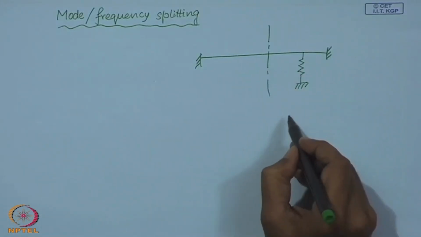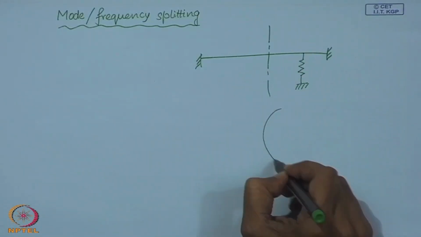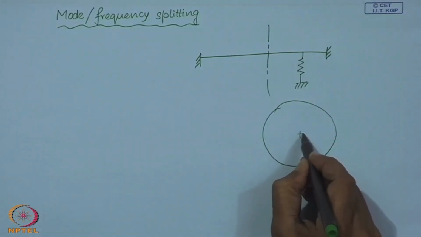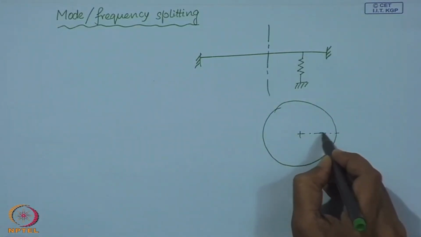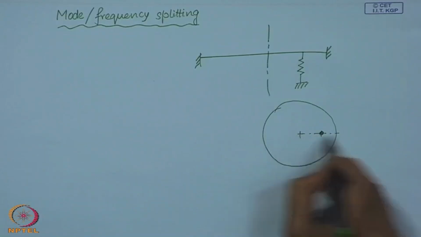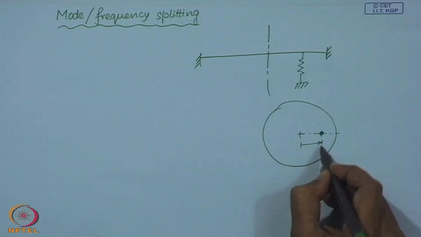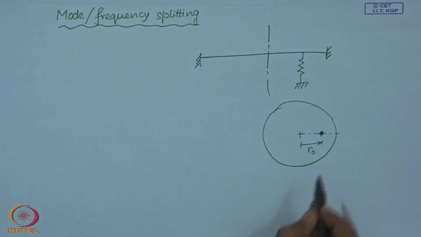Let us consider that this is the top view, and I have put the spring here at phi equal to 0. So, this is the reference line, phi equal to 0 and r equal to r naught.